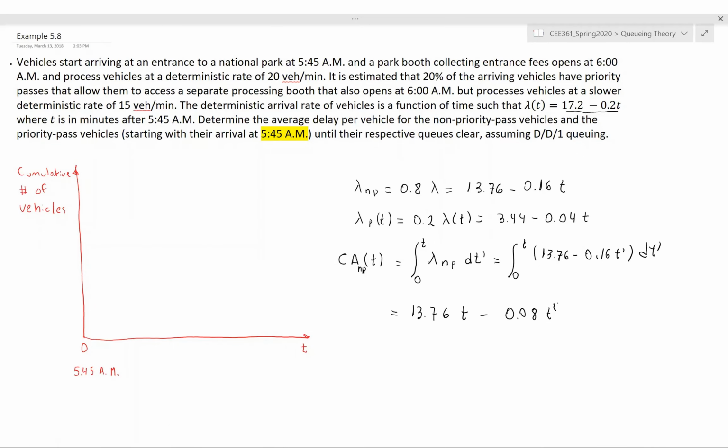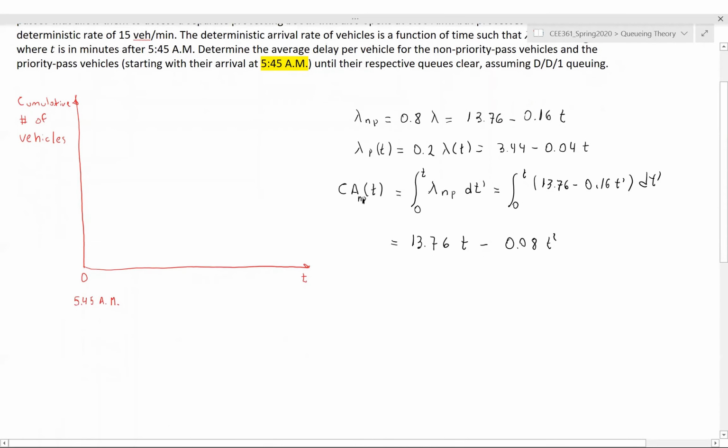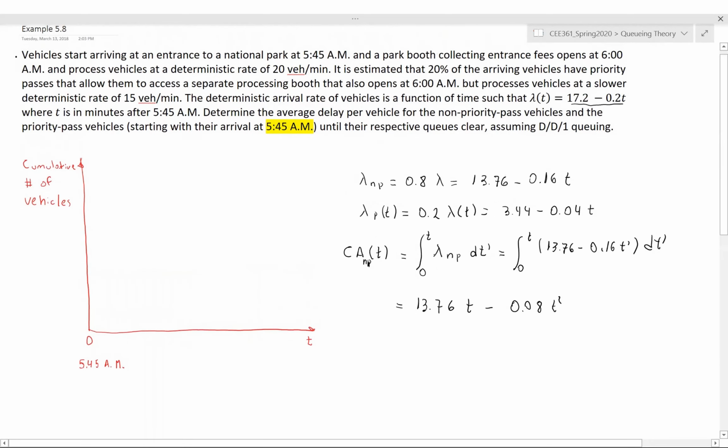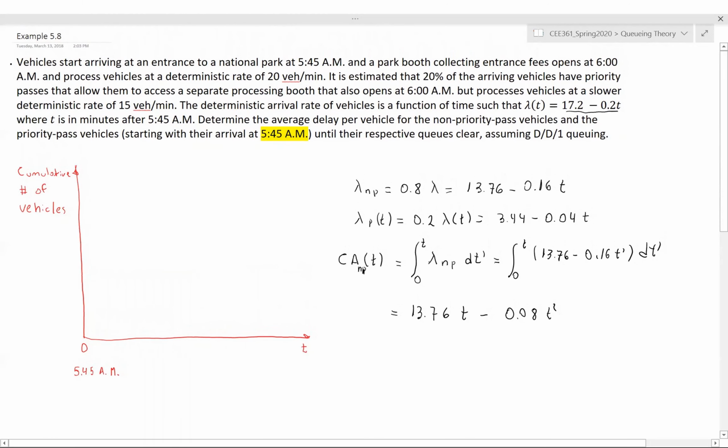All these problems are going to involve cumulative arrivals and departures, so let's figure out the cumulative departures based on the information given in the problem. We are told that vehicles start arriving at 5:45 a.m., but they don't open the gate until 6 a.m. Until then, all the vehicles that arrived never left.